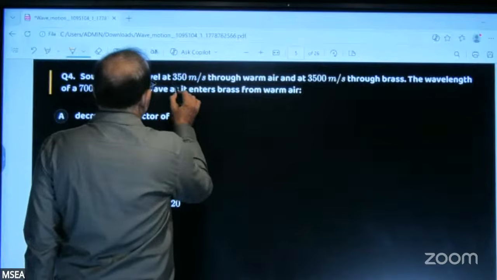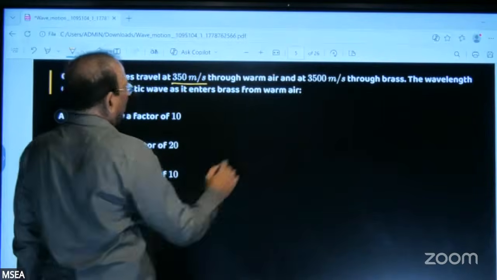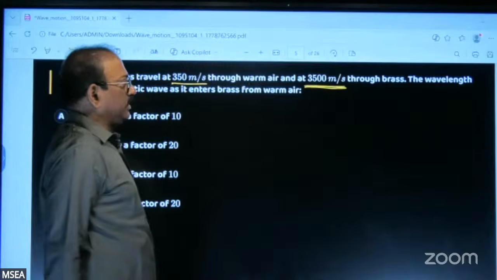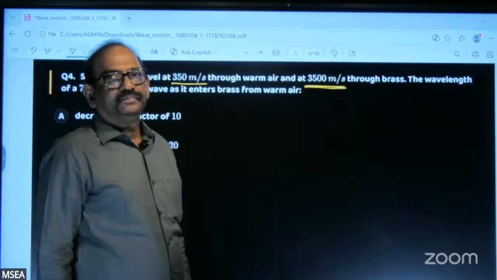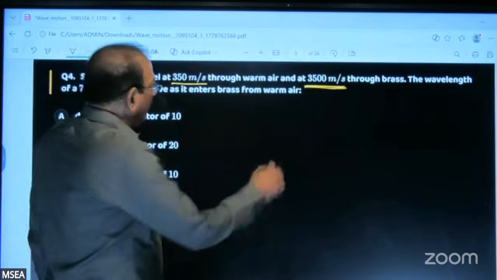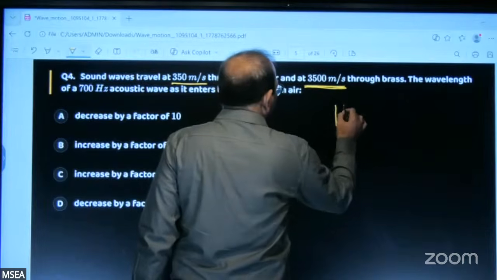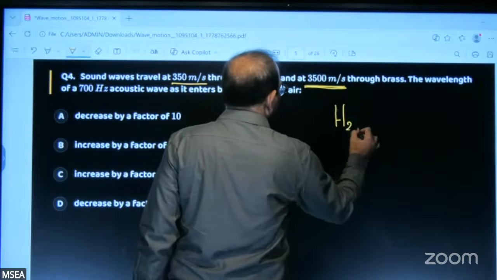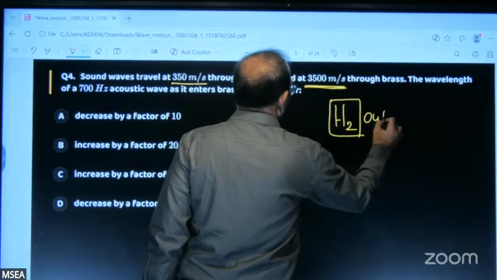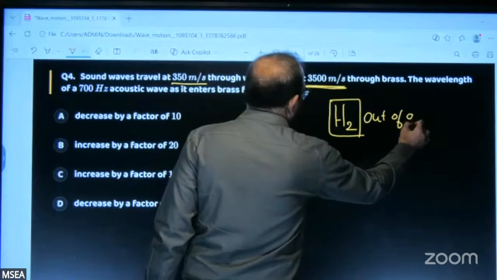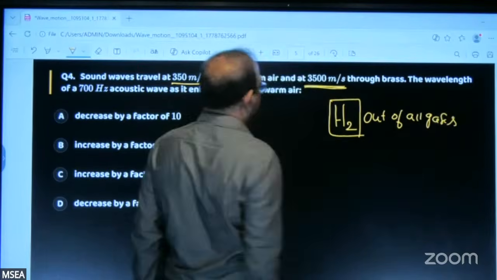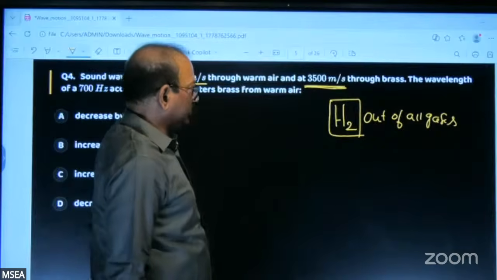In air, 350 meter per second is the velocity of the wave. In brass, 3500 is the velocity of the wave. You know, out of all gases, the velocity of sound is maximum in hydrogen gas.